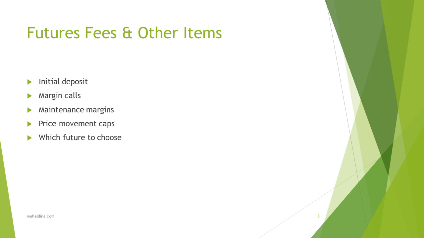Finally, which future to choose, because this is the one thing that students usually have an issue with. Remember our golden rule: you choose the future which closes first after the risk ends. The risk ends when you either pay or receive your money. So in our example, it's the 30th of June. I recommended that we use a September future, because if you use a September future, you close the risk.